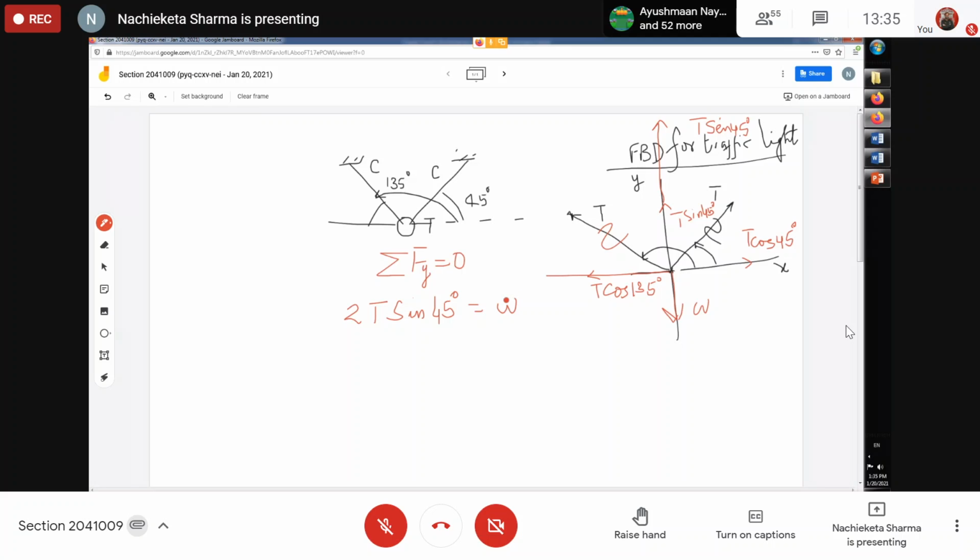So the forces must be equal and opposite. We have to find the tension T. So T is equal to W divided by 2 sin 45. But sin 45 is 1 by root 2. So 2 into 1 by root 2, 2 by root 2 is root 2. So finally I get W by root 2. So the tension on each cable must be 1 by root 2 times the weight of the traffic light.